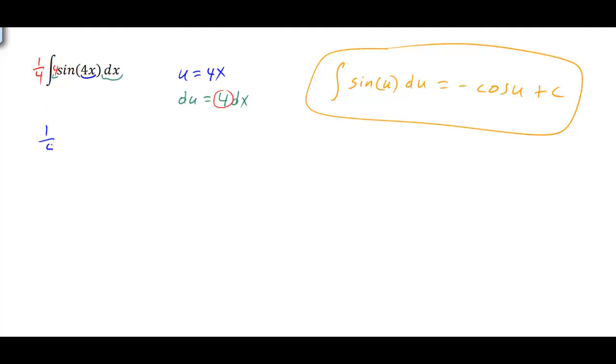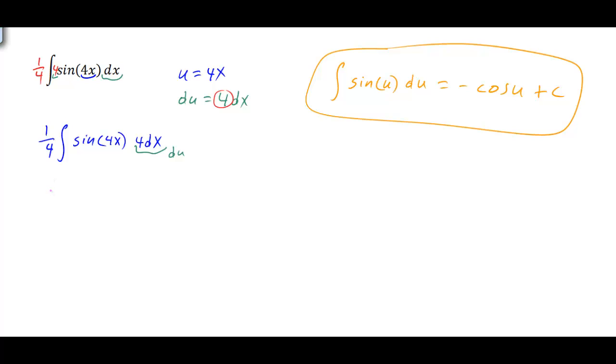So we would have 1/4 the integral of sine of 4x. Okay, so that's the sine of u, and we would have our 4 dx, and 4 dx would be our du. So again, that means the 4 dx is going to eventually just disappear.